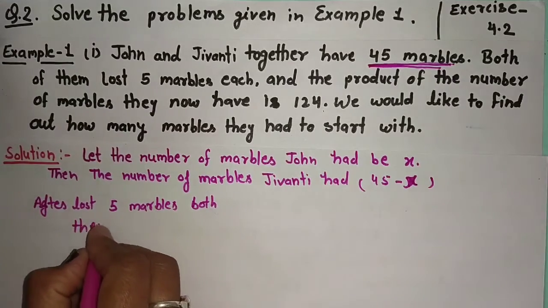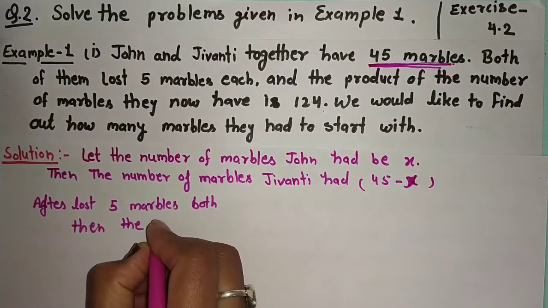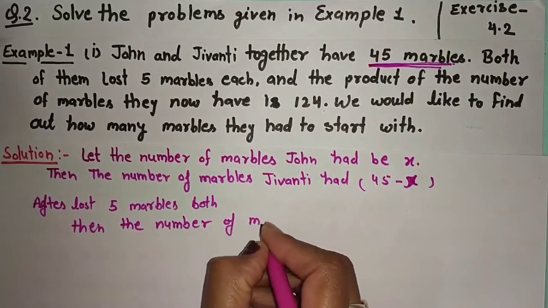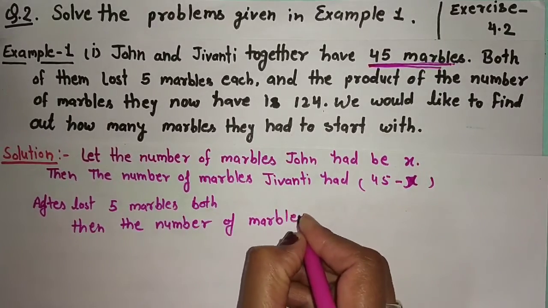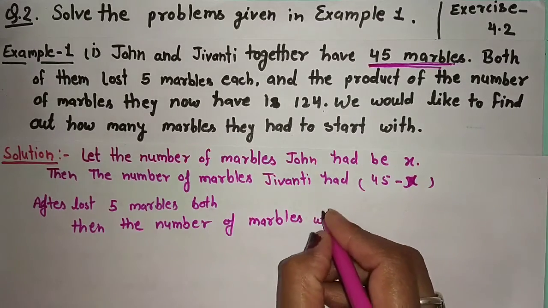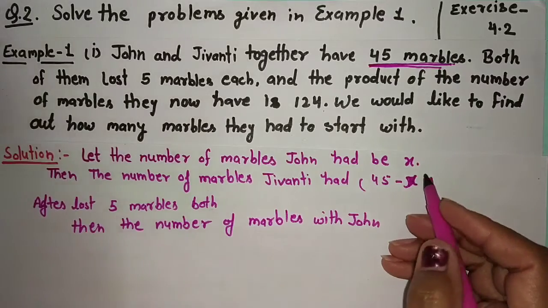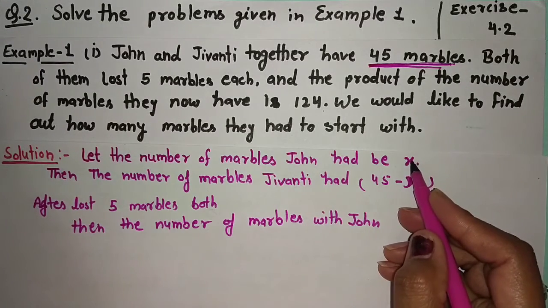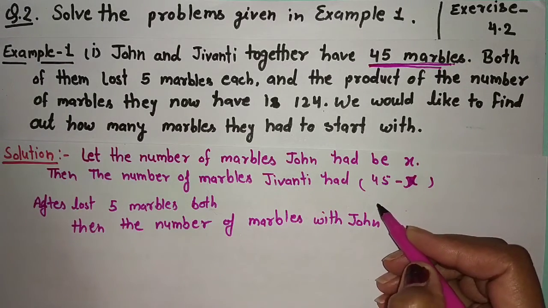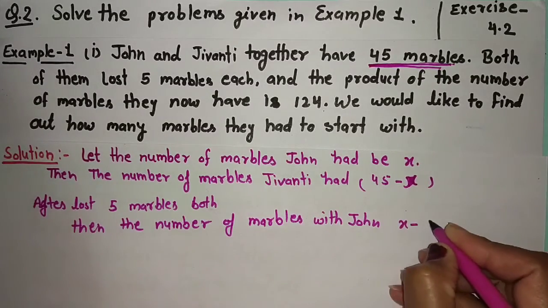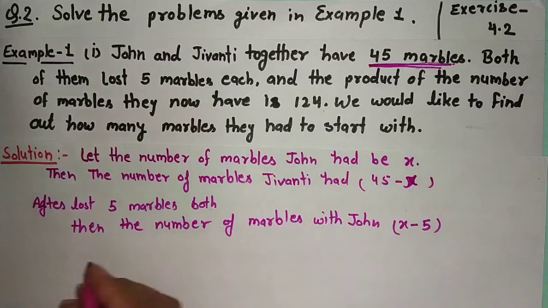then the number of marbles with John: in the start there are x marbles. After losing 5 marbles, John had x minus 5 marbles.